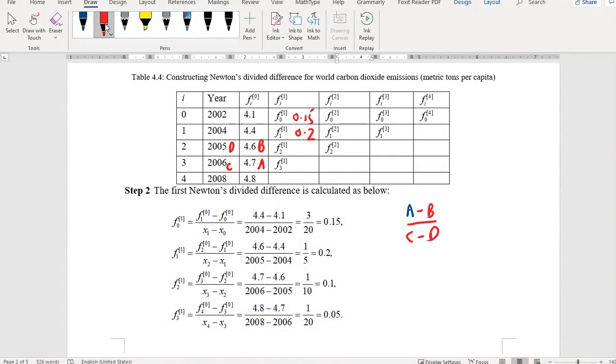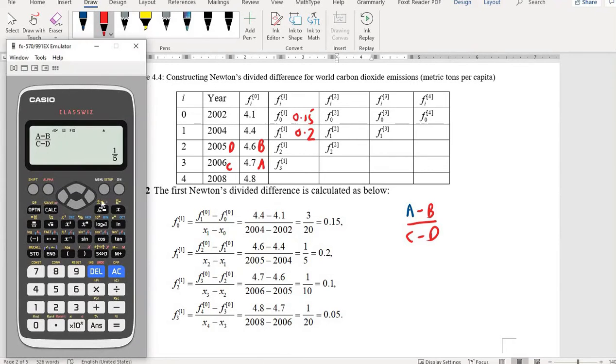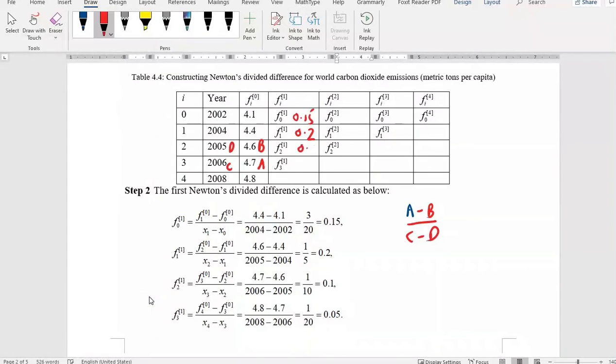The first level depends on the zero level. Now input the new ABCD values and just move down one row. A is 4.7, B is 4.6, C is 2006, D is 2005. So 1 over 10 is 0.1. We get 0.1 here.